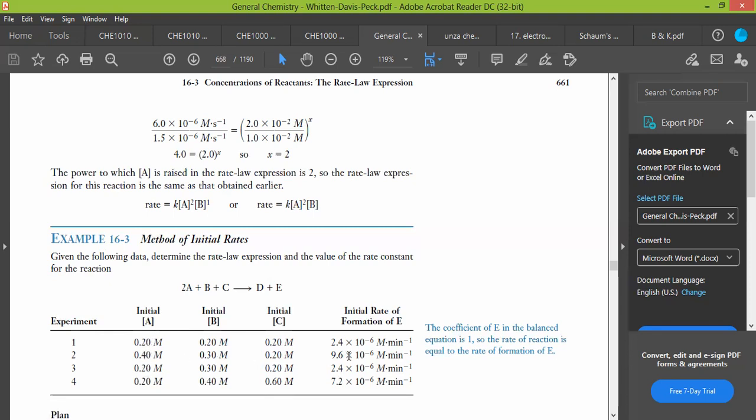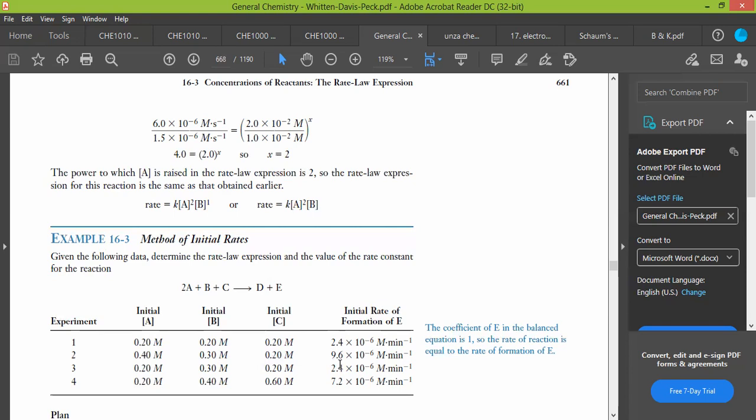I come to the rate, 2.4 and 9.6. So I check if I multiply this by 2, 2 by 4 is 8, and that will give me 4.8, which is not giving me this.